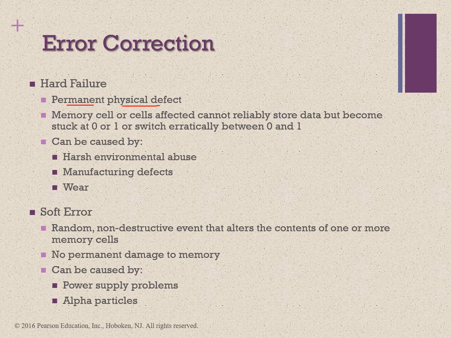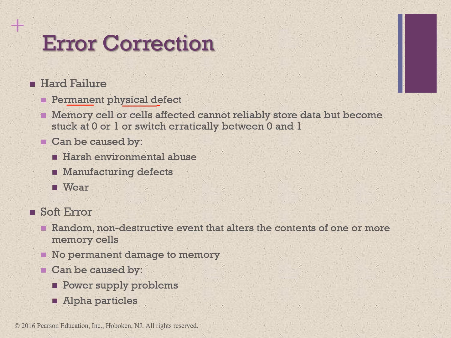Then they may switch erratically between 1 and 0. Hard error can be caused by harsh environmental abuse, manufacturing defect, or wear. So these are the reasons for hard failure.